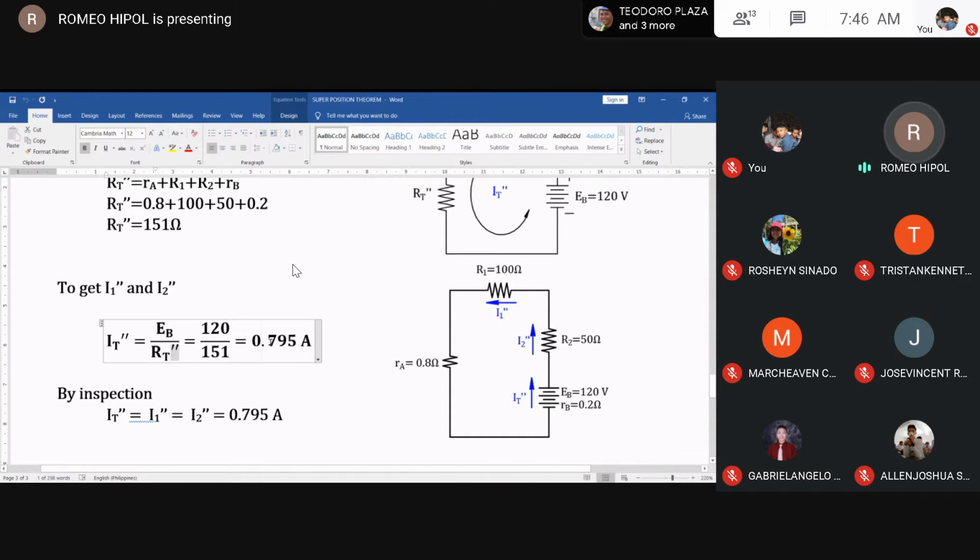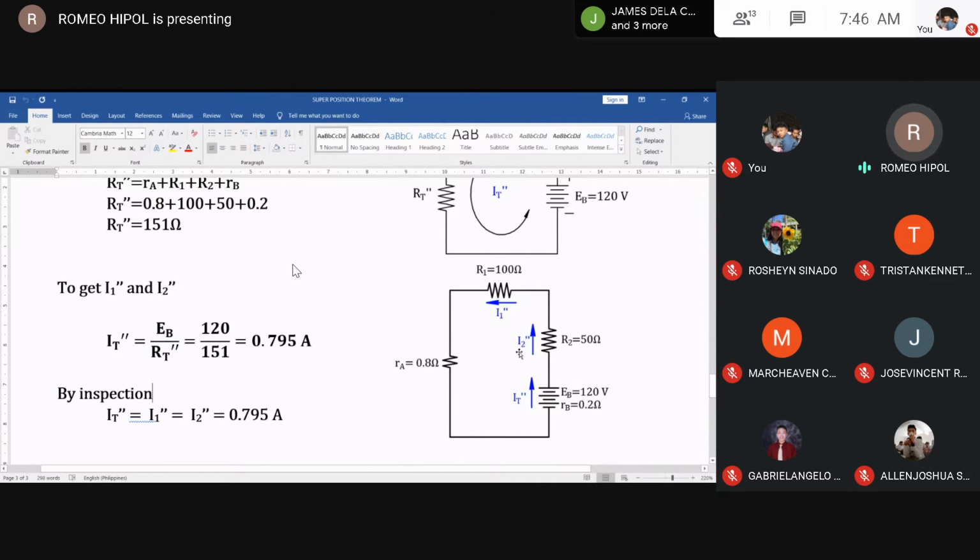Then, we get 0.795 ampere or 795 milliampere. Then, by inspection, again, yung ating I1 and I2 double prime have the same current value.